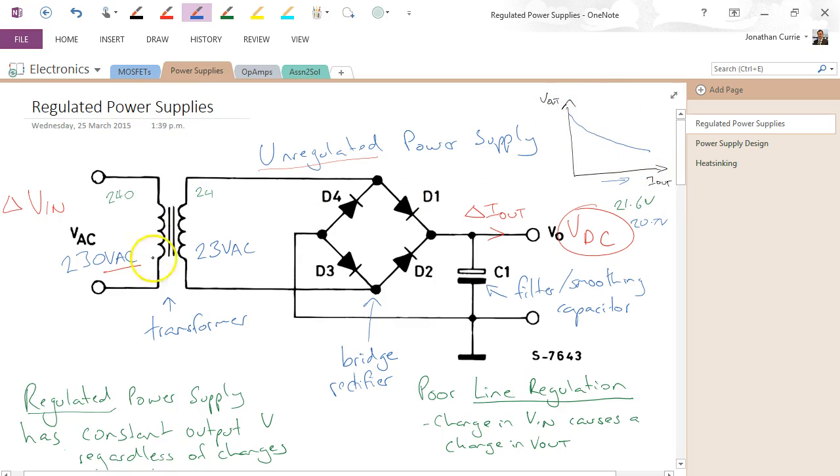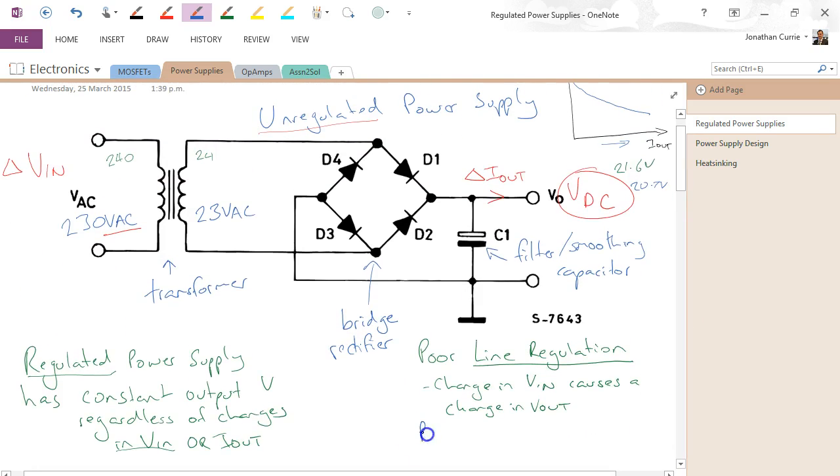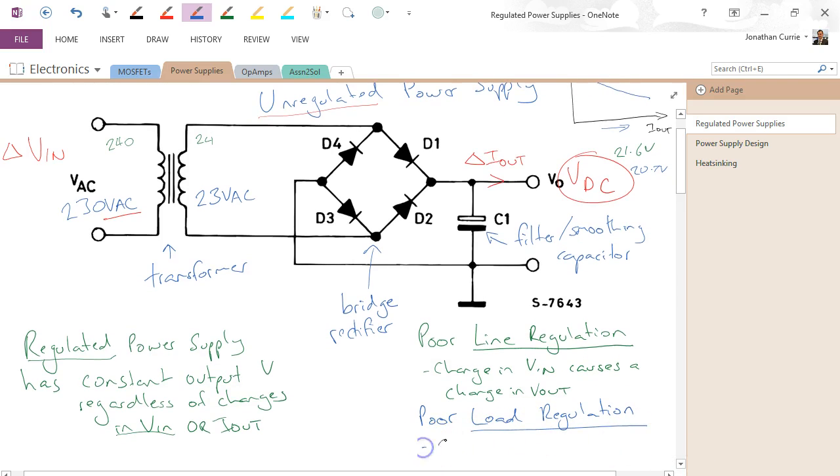This is quite typical of an unregulated power supply. This circuit therefore also has poor load regulation, where poor load regulation is changes in Iout, the output current, causing a change in Vout.